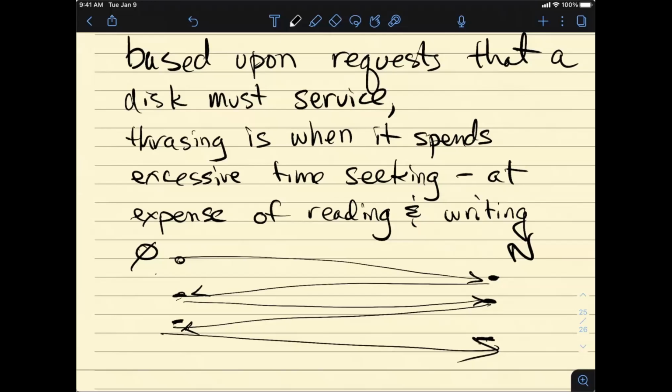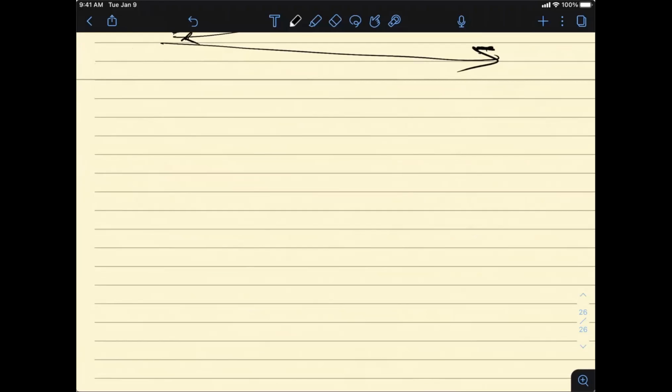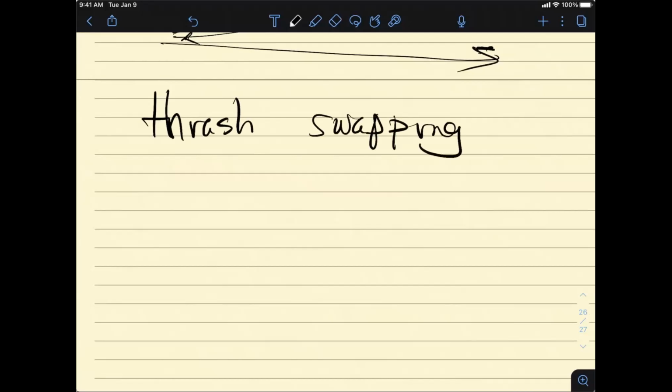Now, there are other uses of the word thrashing in computer science, and one closely related area of computer science is operating systems. It is also possible to thrash in swapping. So swapping is the notion where not all of a process's address space is kept in memory.